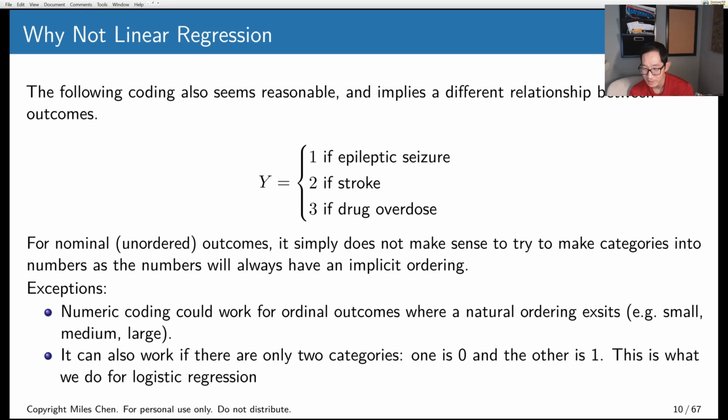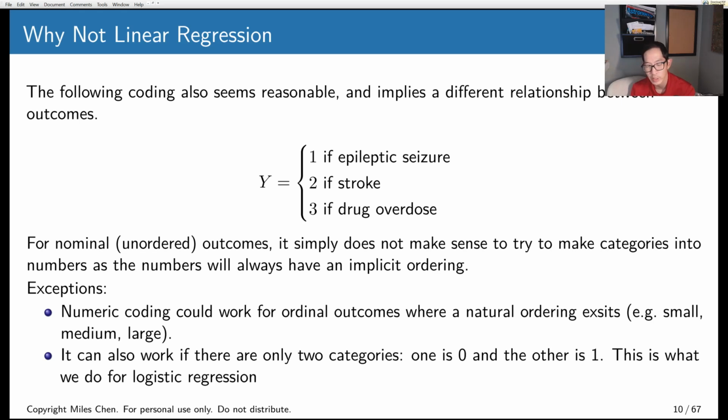But again, is the distance between a 1 and a 2 and a 2 and a 3 the same? Maybe, maybe not. That would be one of the side effects of trying to encode something like that as numeric. Okay, and encoding something as a 0 or 1 could work if there's only 2 categories.